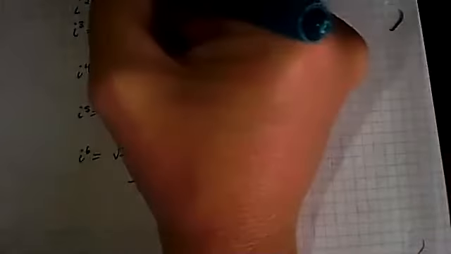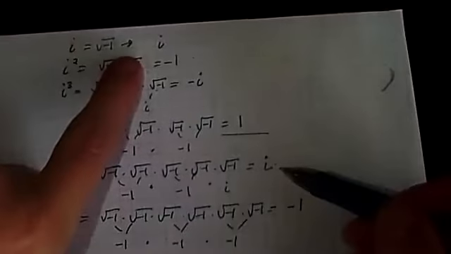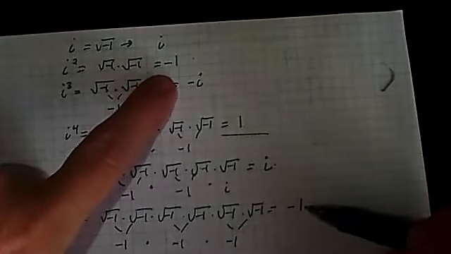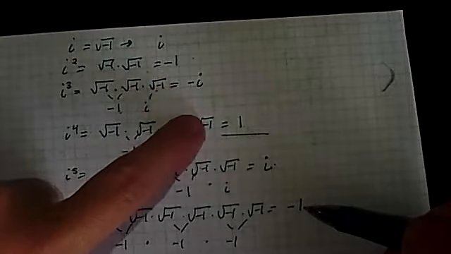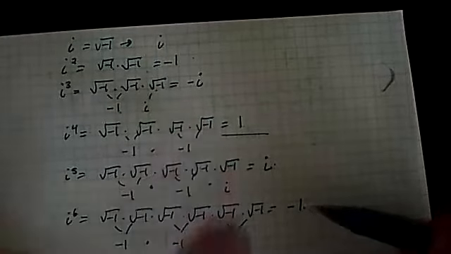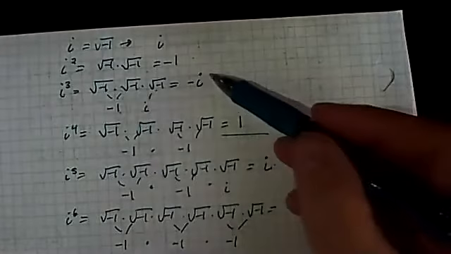So what I want you to see is when I do these first 4, I have i, negative 1, negative i, 1. Now what's happening? i, negative 1, it's a repeating pattern. After I get these first 4, it continues to repeat.